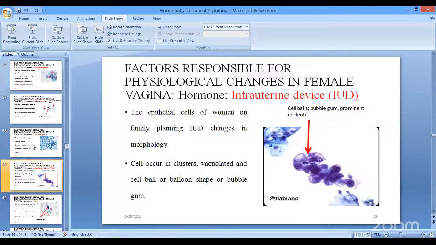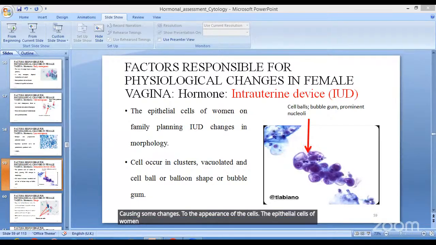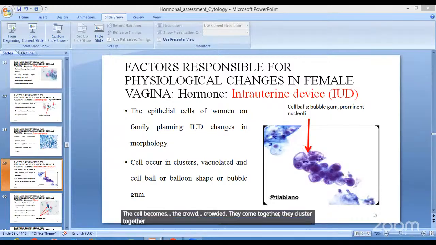Okay, effect of IUD. If the woman is on an IUD device, it causes some changes to the appearance of the cells. The epithelial cells of women on family planning change in morphology. The cells become crowded. They come together, they cluster together, they become vacuolated.